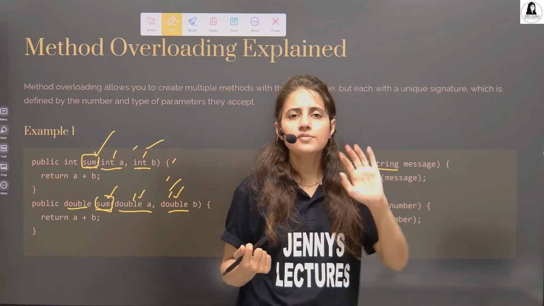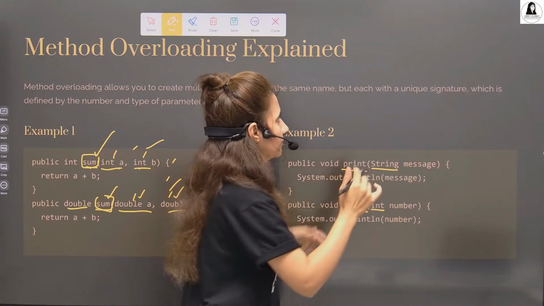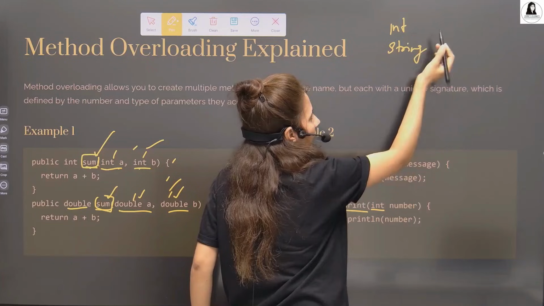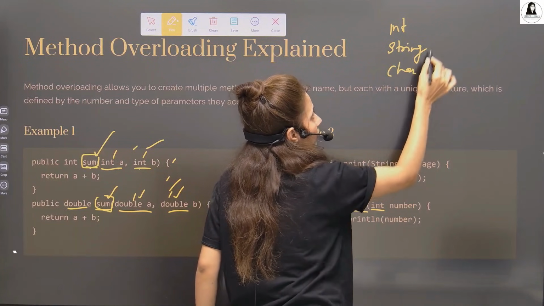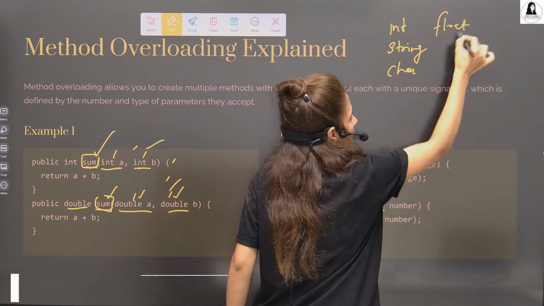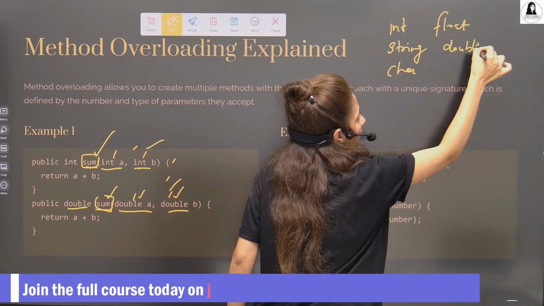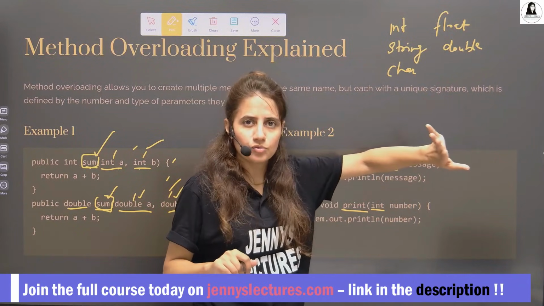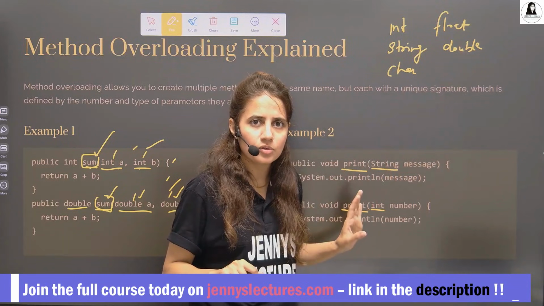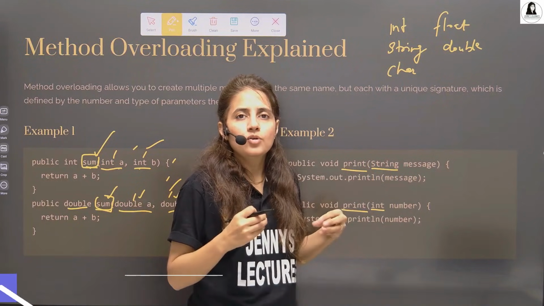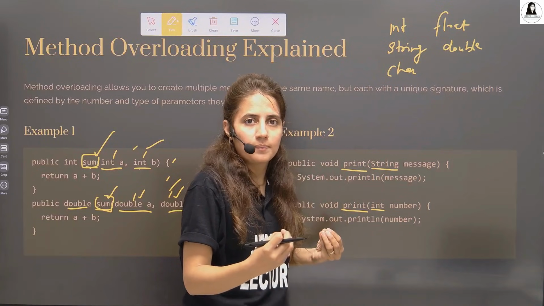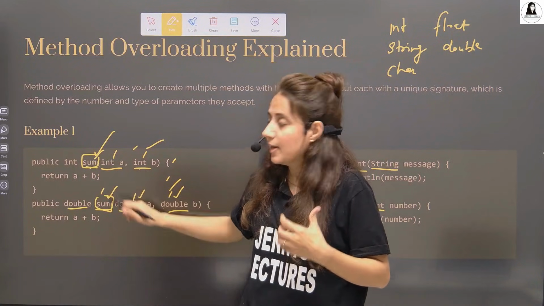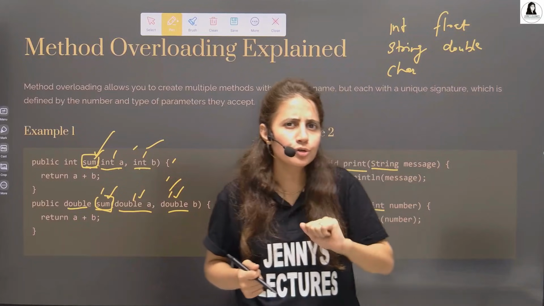Suppose you want to print an int value, a string value, a char value, a float value, a double value, or a boolean value, whatever the user passes. If method overloading is not supported in Java, meaning we are not allowed to create multiple methods with the same name within the same class, then what do you need to do?